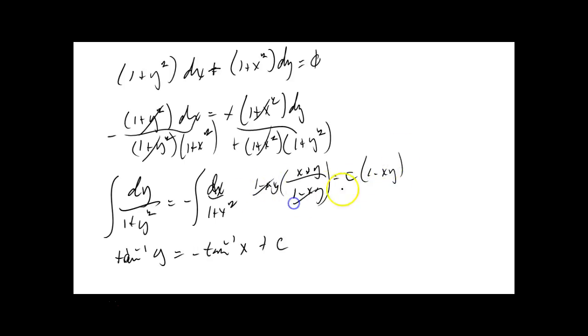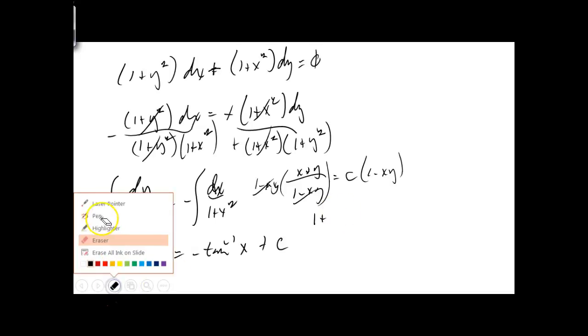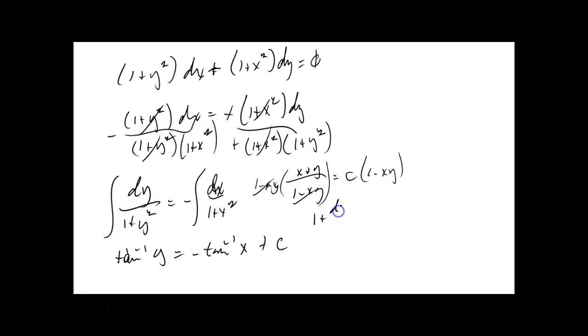And then that will wipe this out, and you would have, take the derivative of this, 1 plus y prime, which is dy dx. Maybe I should write it that way, just so it'll look more like a differential equation, the one we started with. dy dx is equal to the derivative of c, which is 0, and the derivative of this is a product function, so it's going to be c times y plus y prime.